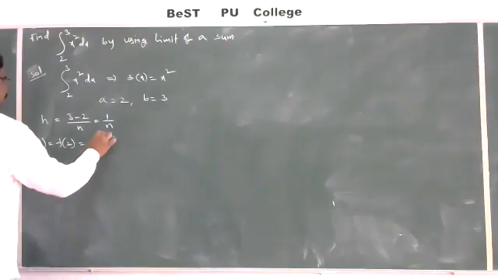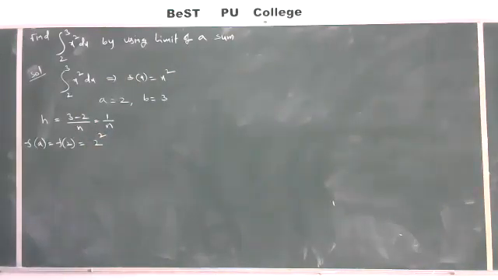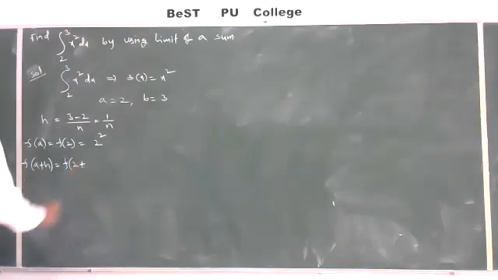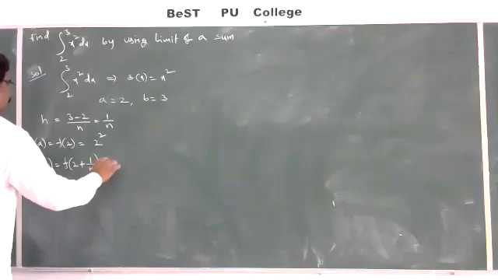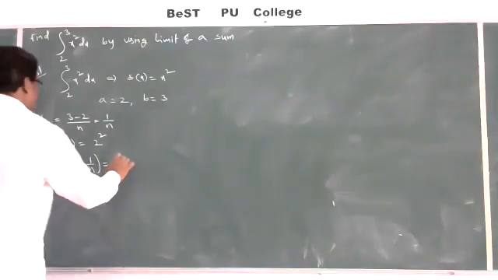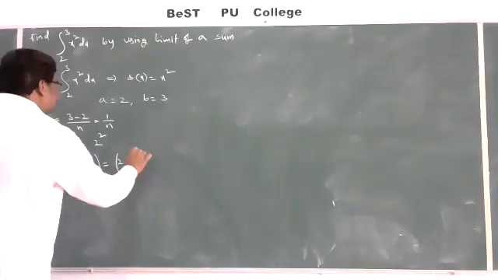You get 2 square. f of a plus h, that is f of 2 plus 1 by n, is equal to 2 plus 1 by n whole square.